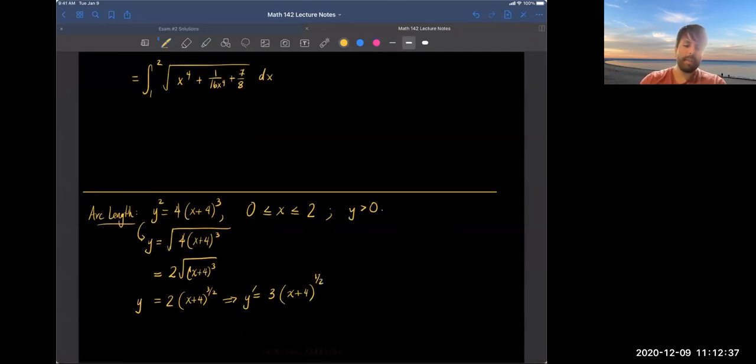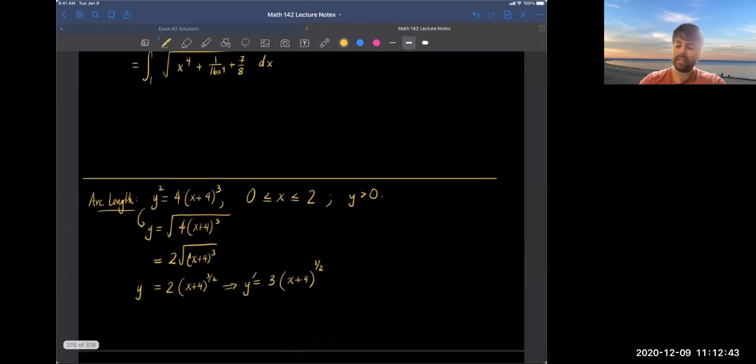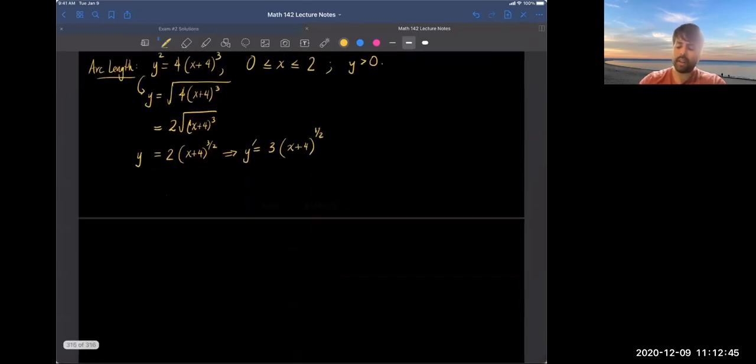Most of the time when we have derivatives or functions that have fractional exponents like this, it's nice because it works out with the arc length formula. So the arc length formula is what? 0 to 2, square root of 1 plus my derivative, 3x plus 4 to the 1/2 power, and this whole entire thing is being squared, and this is dx, of course.